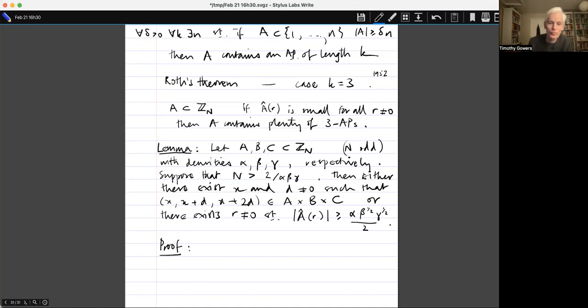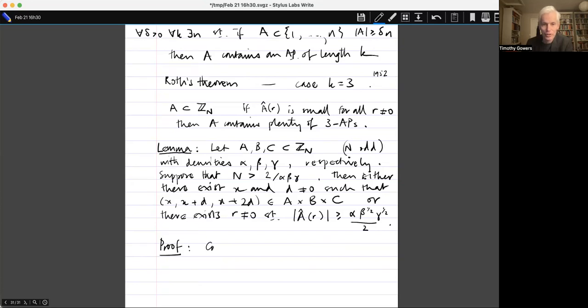So we're going to just write down an expression for the number of such triples. Actually, it'll be normalized, so it'll be an average rather than a sum. And then we'll notice that that expression can be manipulated into a form where it involves convolutions and inner products and things like that, and so Fourier analysis comes naturally into play. So we'll bring the Fourier analysis into play, do a very simple argument, and deduce the lemma. So that's the rough idea. So let's go.